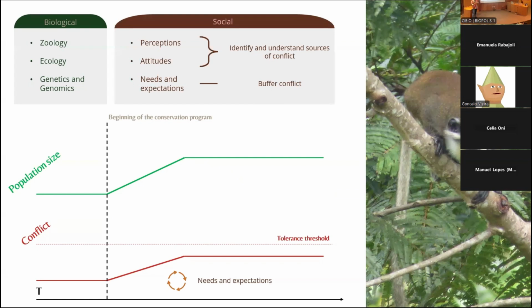So we can try and keep the local population that inhabits and shares these landscapes with these species happy, basically. And this can ensure the adherence of the local populations to the conservation programs, and so the conservation program can thrive. Of course, again, as I said, this is very simplistic and there are a lot of variables in this.